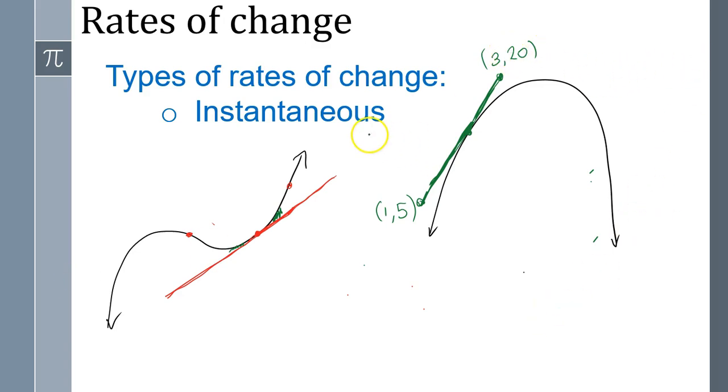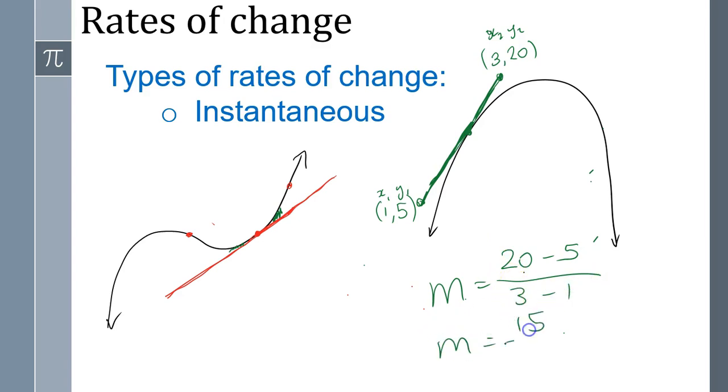This is exactly the same as the linear one we just did. I'm going to make this x2, y2 and this x1, y1. So my slope is 20 take 5 over 3 take 1, so 15 over 2. So we're looking at 7.5.